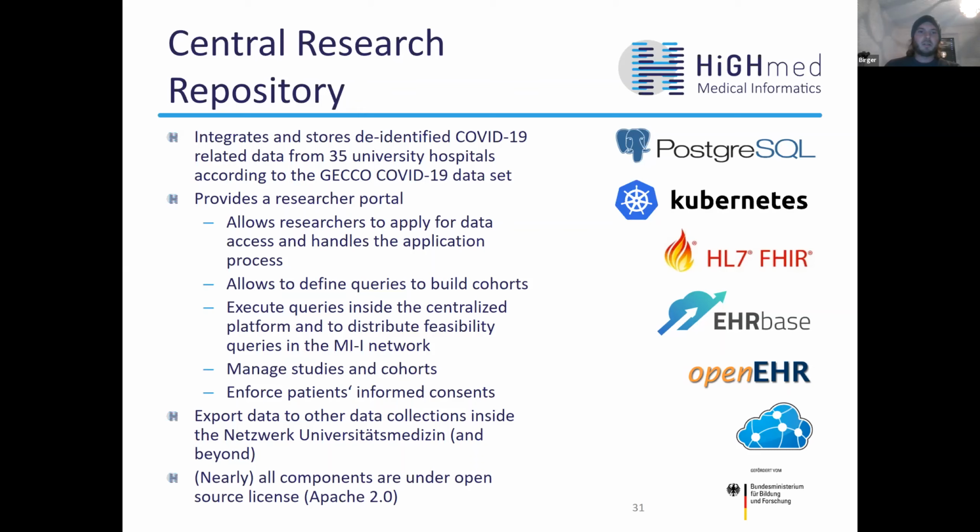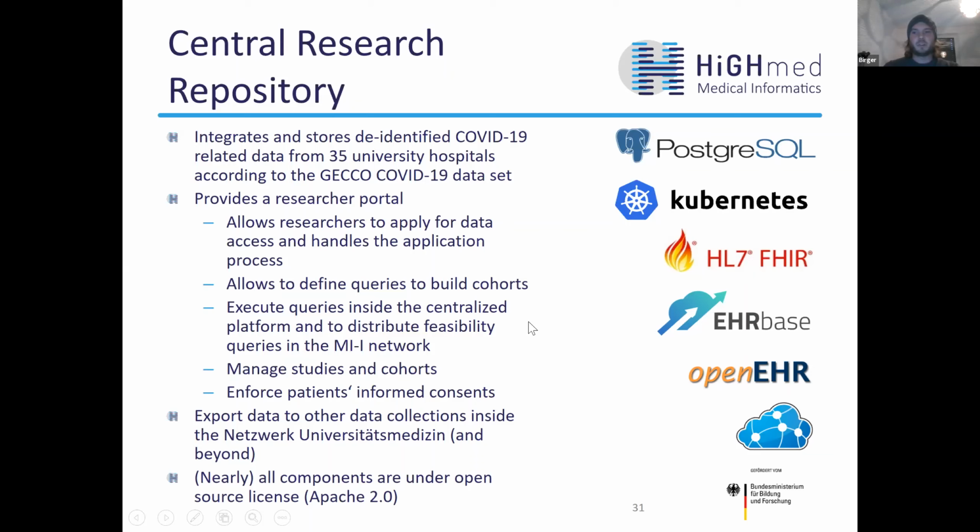We are using different tools to allow the building of queries and applying for a study. And it should also become possible to execute further queries so that the data from the centralized platform can be mixed with some data from the local sites, which is not included in this GECKO data set.